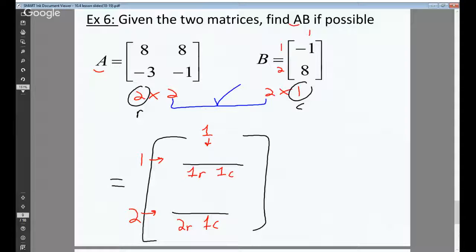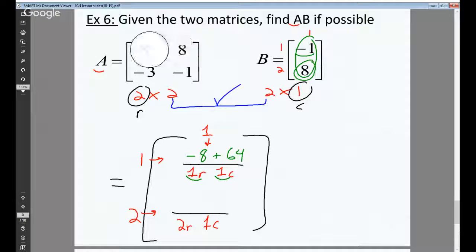Okay, so for the first matrix, we're going to take the first row. And then for the second matrix, we're going to take the first column, which, of course, is the only column. So then multiply the elements. 8 and -1 will become -8. And then the second 8 and the second 8, multiply those to get 64. Then just add those together.